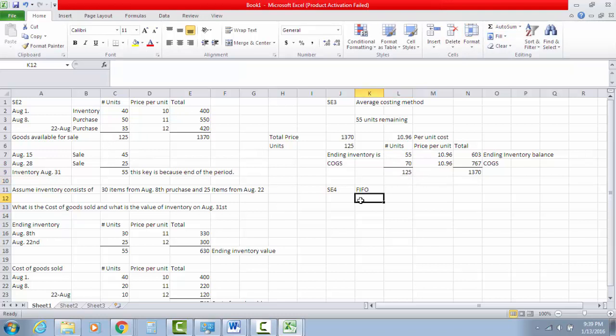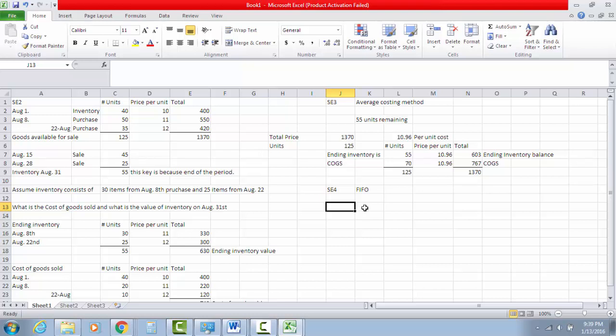Let's take a look at FIFO. So remember, FIFO, first in, first out. So what does that mean? The oldest items were sold first, right? So we have available for sale of $13.70, and of that we have basically sold 70 units.